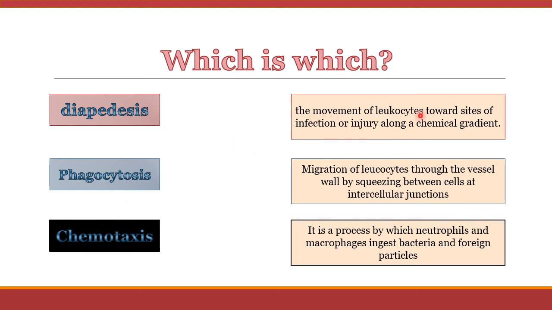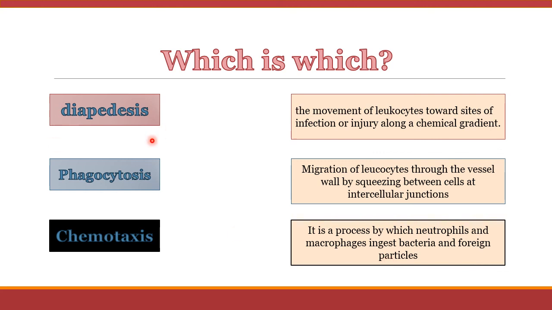First one, the movement of leukocytes towards sites of infection or injury along a chemical gradient. Or we have migration of leukocytes through the vessel wall by squeezing between the cells at intercellular junctions. And the last one is a process by which neutrophils and macrophages ingest bacteria and foreign particles.